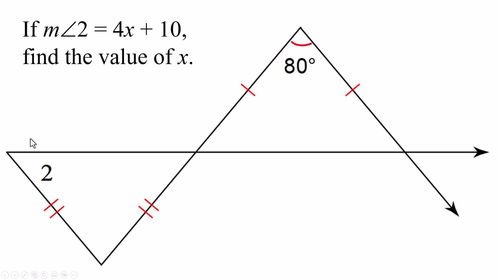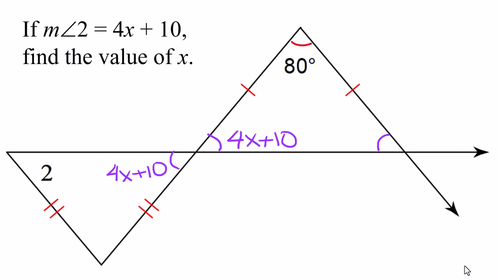All right, let's see what we can do. Well, we know that angle 2 is 4x plus 10, so this must be 4x plus 10 as well, which means this angle is also 4x plus 10. These are vertical angles, the kind that make these little bow ties. They're congruent, which means that one is going to be congruent to that as well.